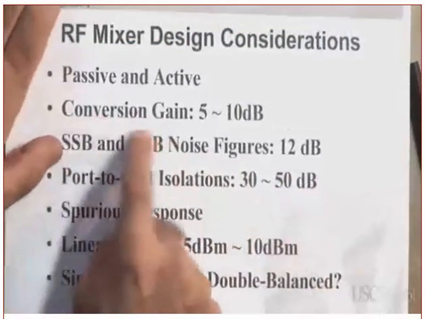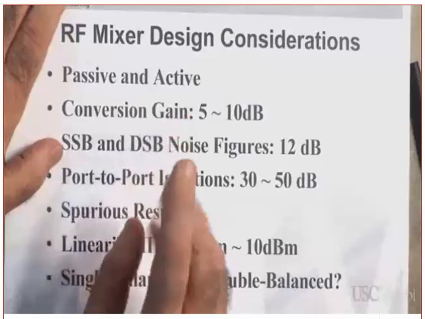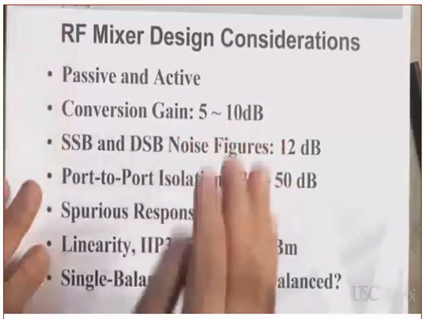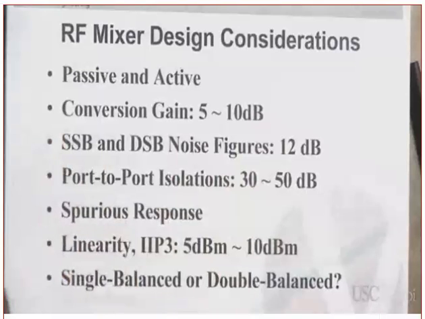But what is the point that I'm trying to make? First of all, let me make a point on the conversion gain. For mixers, more important than the conversion gain is the noise figure and the linearity. In other words, if you are not going to get a lot of conversion gain from the mixer, that is okay, because the gain will come from subsequent IF amplifiers or the baseband amplifier.